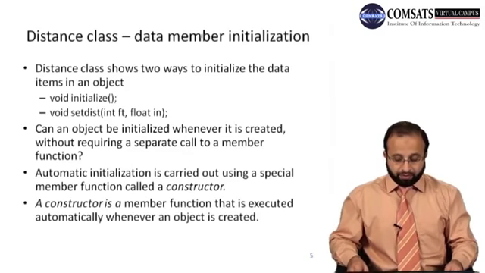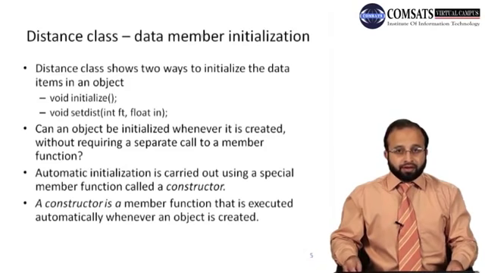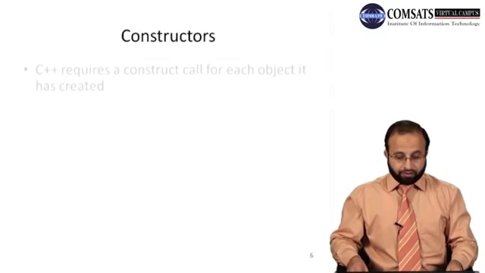A constructor is a member function that is executed automatically whenever an object is created. So whether you create one object or 10, for every object created, the constructor will be called automatically by the compiler, right? Constructor.